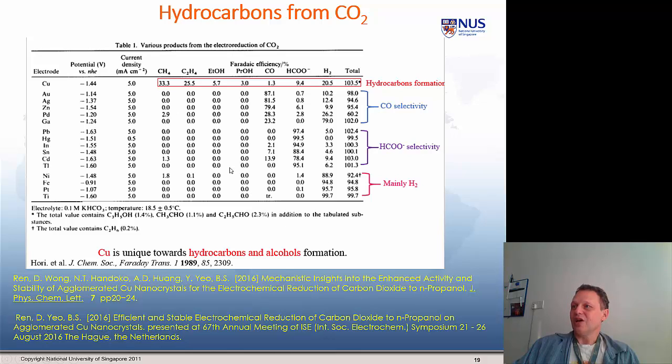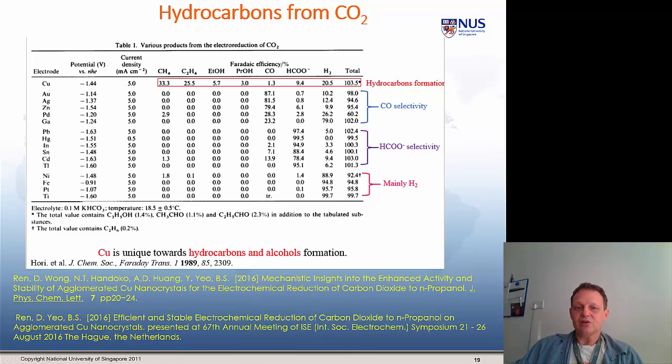You can see, although there are some that give very high yields in one or two of these hydrocarbons, there's only one which seems to give hydrocarbons pretty much across the board, and it's therefore relatively easy to see why they chose copper. It seems unique amongst the other metals to give such a range of these hydrocarbons or alcohols.